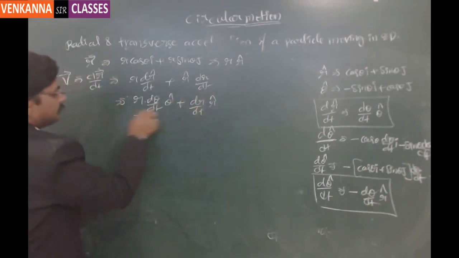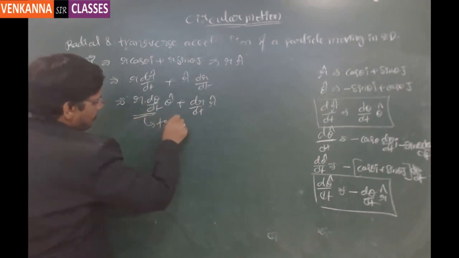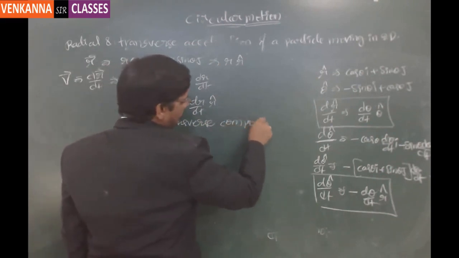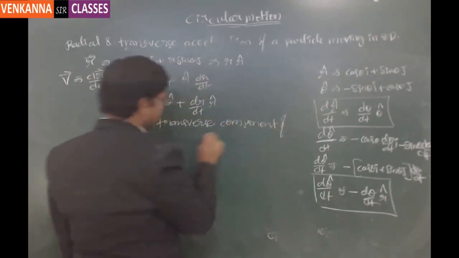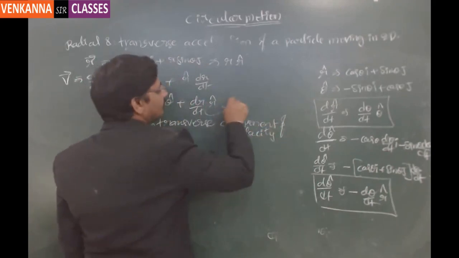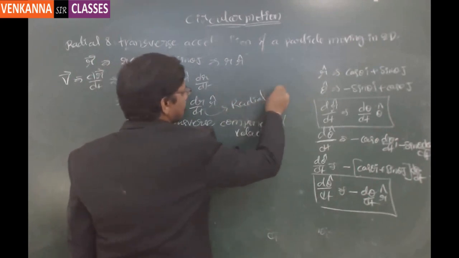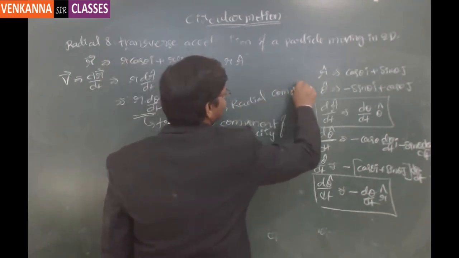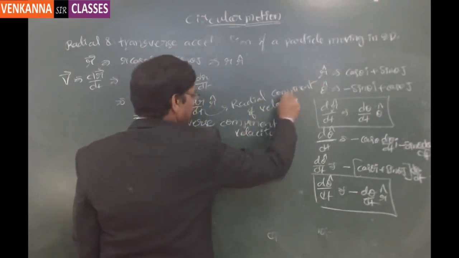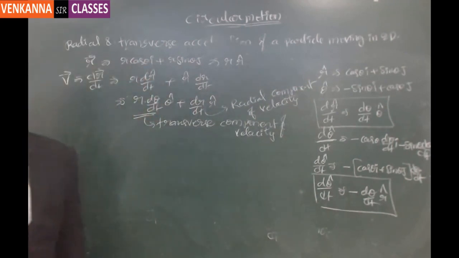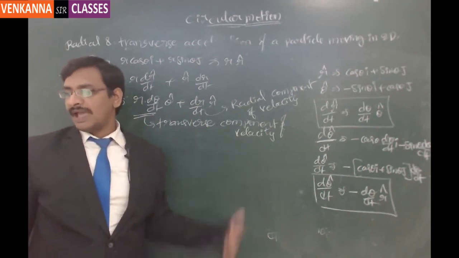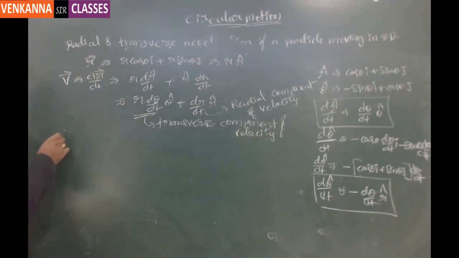So this is the transverse component of velocity, and this is the radial component of velocity. So these are the two important components which we have got already. So the velocity part is done. Now the acceleration part, so this is dv by dt.